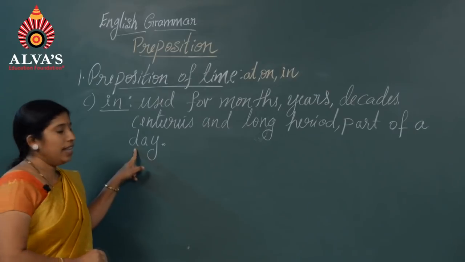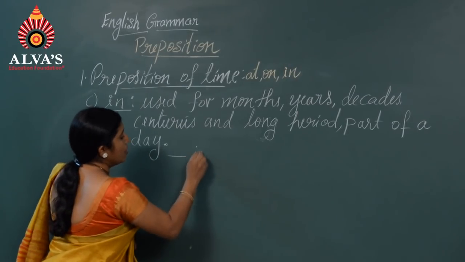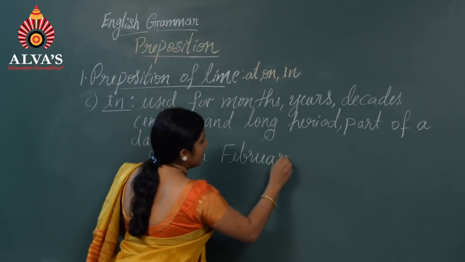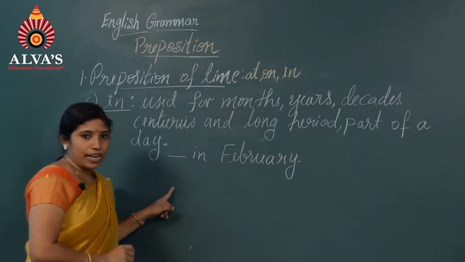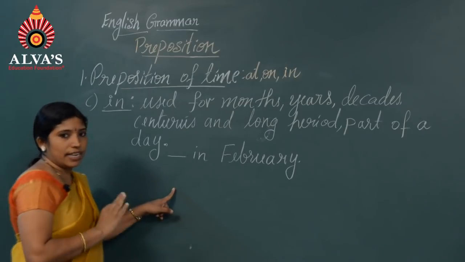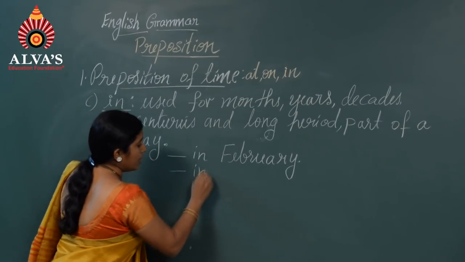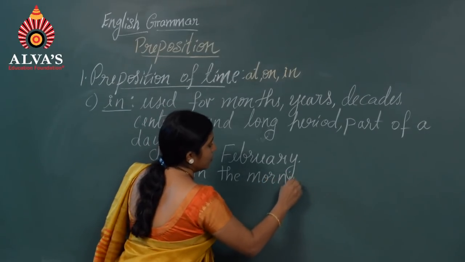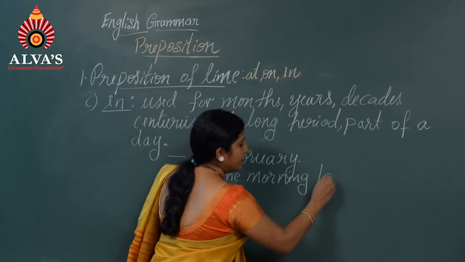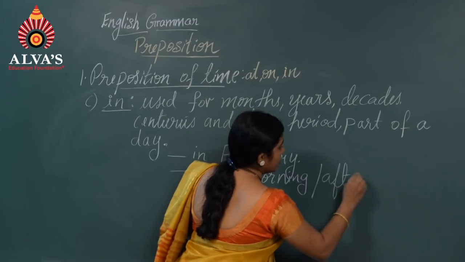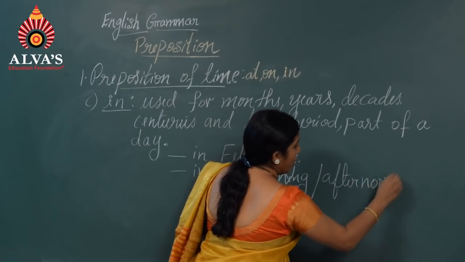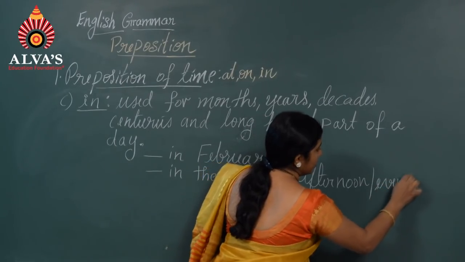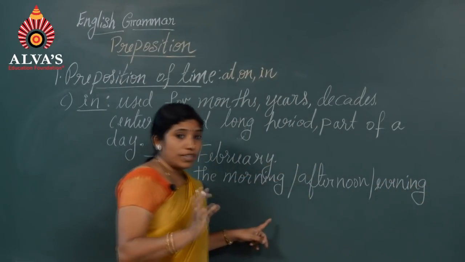For example, in February month, in February. A part of the day refers to in the morning, in the afternoon, or in the evening, but not night.